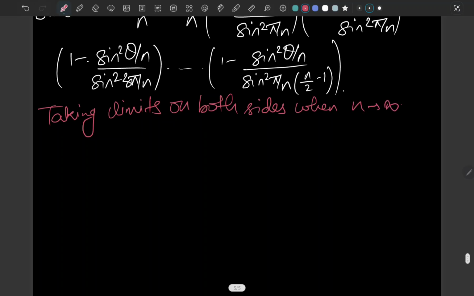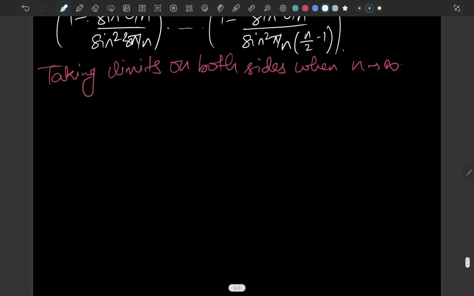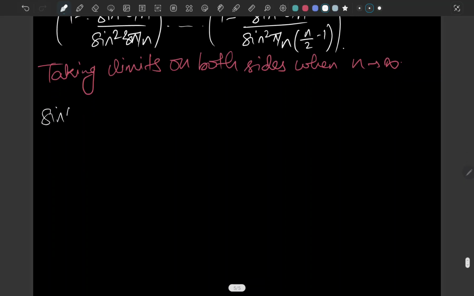Okay, so what is going to give us here? Sine theta, well, since sine theta does not have any n terms, it stays as it is.